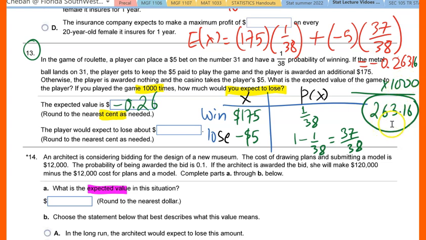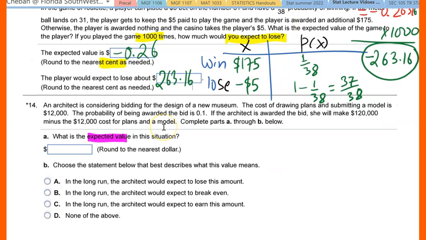That much is expected to lose if you play the game 1,000 times. I put the answer here, 263.16, rounded to the nearest cent. Don't put the negative here because it says expected to lose. Lose is already there, therefore this much is expected to lose.